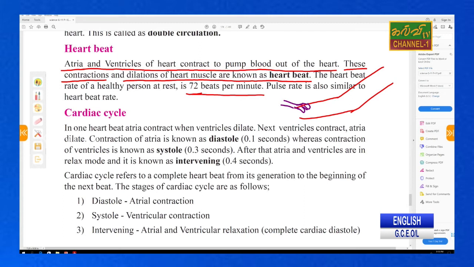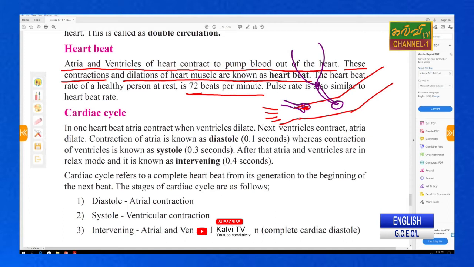Otherwise, sometimes they put the stethoscope on your arm and they can find out the heartbeat, right? This is your hand. Sometimes they can feel the heartbeat or rate of pulse by touching the hand. Otherwise, they can use the stethoscope to find out your heartbeat.